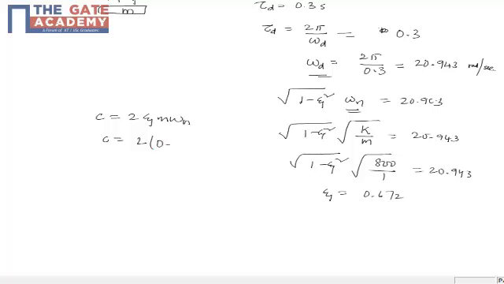So damping ratio is 0.672, mass is 1, and omega n is root of 800 by 1, that is root k by m. If you calculate, it comes out to 38 Newton second per meter. So the answer for this is B, 38 Newton second per meter. Thank you.